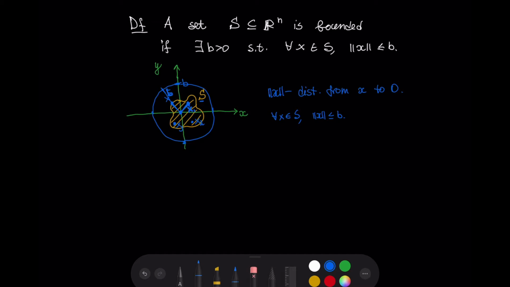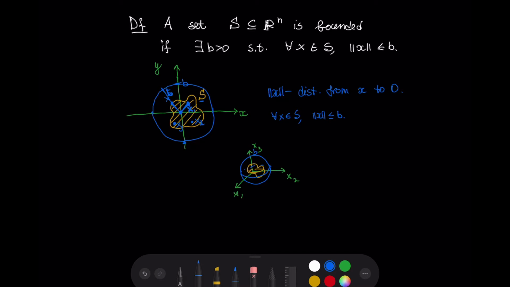You can imagine that if you were in R3 and you had a set that is three-dimensional, something weird looking like this, and that set is inside of a ball of some finite radius b, then the set S is bounded.